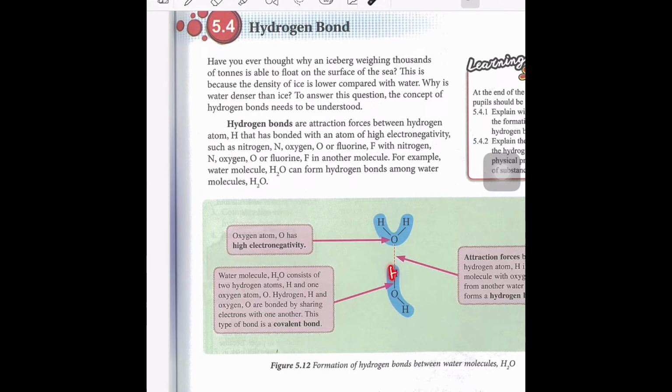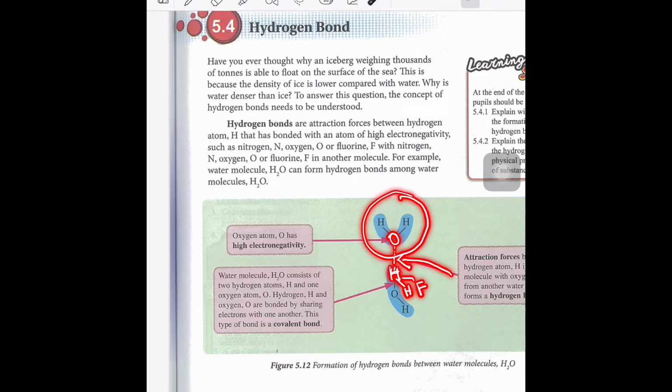Hydrogen bond adalah daya tarikan antara H yang sudah terikat dengan O, atau N, ataupun F. Dan apabila kamu nampak itu H terikat lagi dengan satu atom of high electronegativity di molekul yang lain, itulah hydrogen bond.